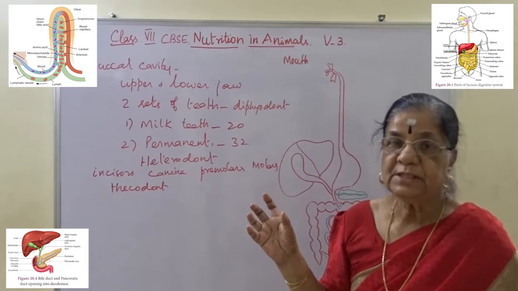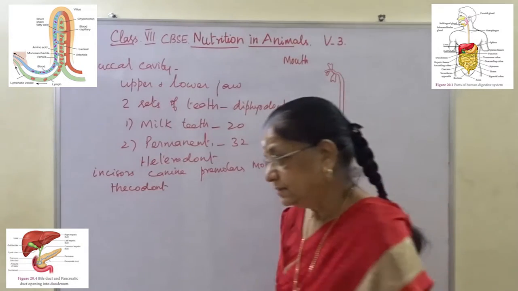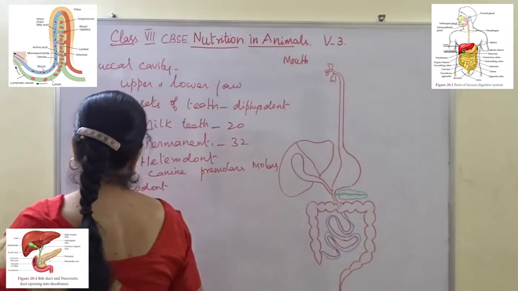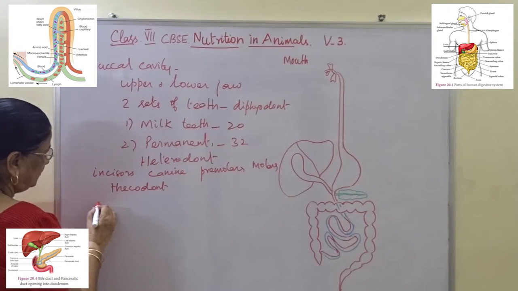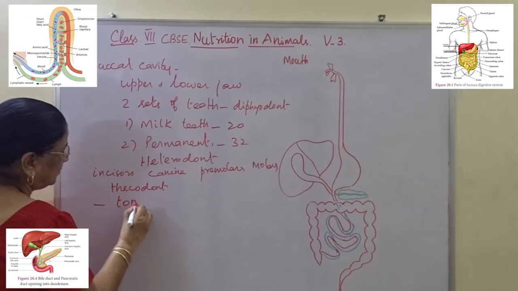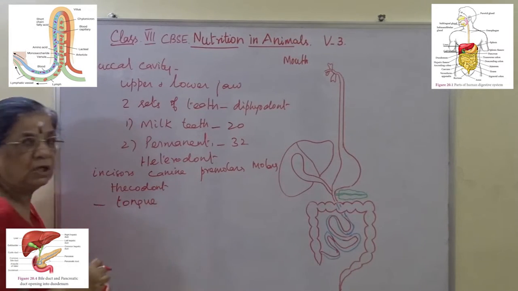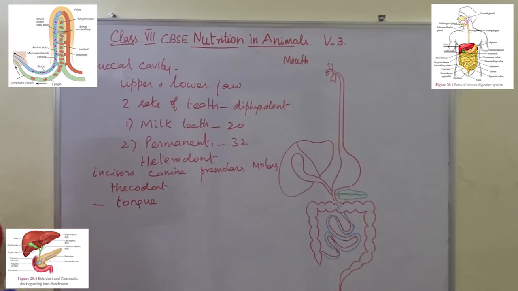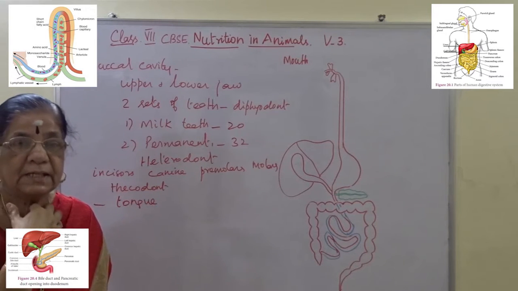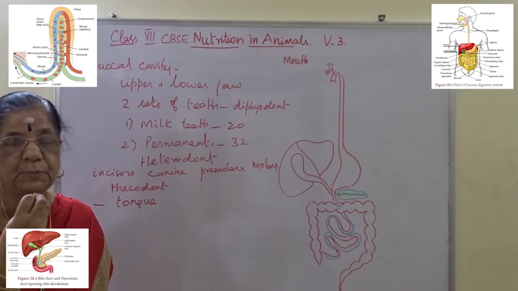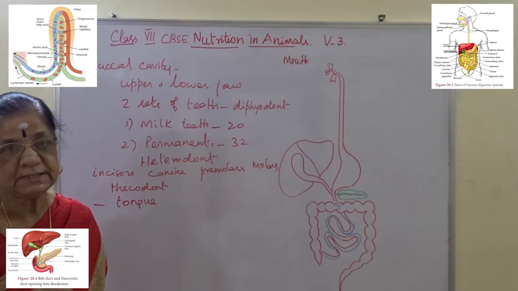So this is about the teeth. And this buccal cavity has another powerful muscular tongue. This tongue is attached at the interior, and the front portion is free in nature.